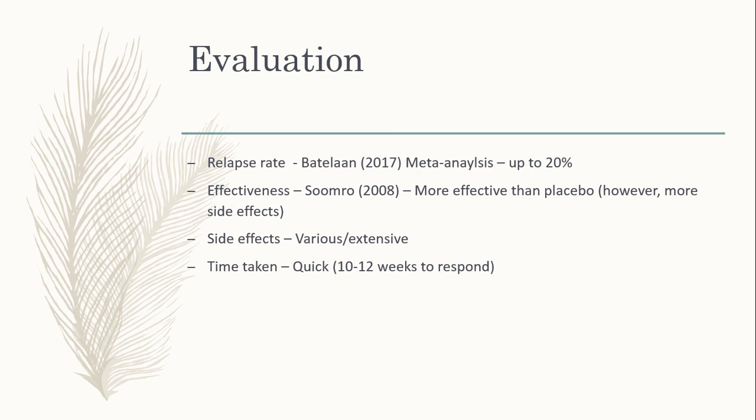However, it has been found that it can take 10 to 12 weeks for people to respond to SSRIs, or for the symptoms of OCD to respond to SSRIs. So the administration can be effective and inexpensive in comparison to other treatments. They can happen quite quickly, but it can take a while, because potentially the body's got to build up the levels of serotonin that are available, or the SSRIs need time to work.